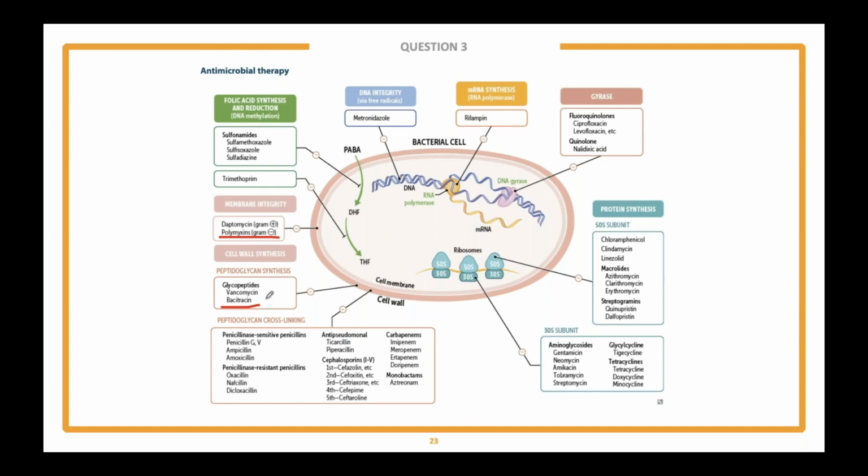Again, we talked about bacitracin, and what bacitracin does is it directly inhibits peptidoglycan synthesis. Specifically, it's by inhibiting the translocation of that D-alanine peptide from the inside of the bacterial cell to the outside, to its cell wall.